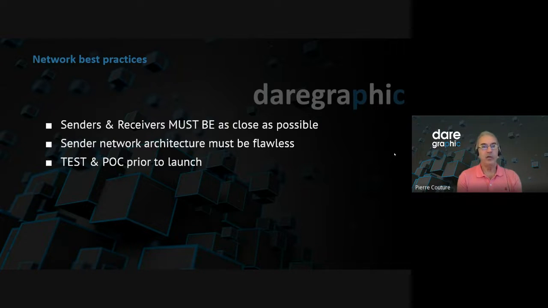Sometimes people forget that where the servers are, the network architecture has to be flawless. The server has to send the packets flawlessly with good quality hardware. Sometimes this is an oversight, and it's typically a garbage in, garbage out kind of concept.